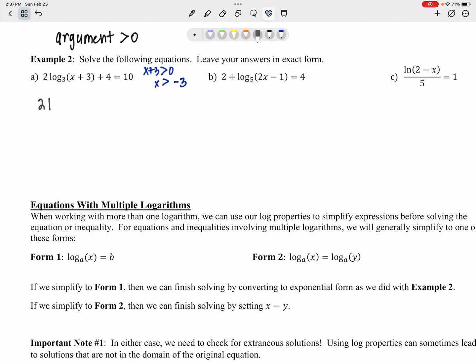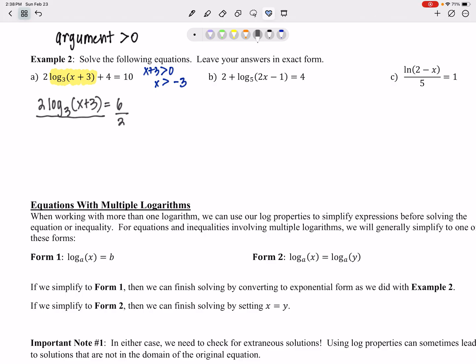I'm going to isolate that logarithmic expression by subtracting 4 from both sides. The logarithmic expression that I want to get all by itself is just the log base 3 of x plus 3. So the next step is to divide both sides by 2.